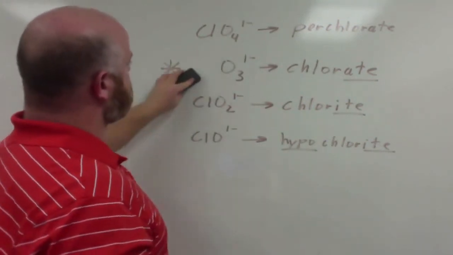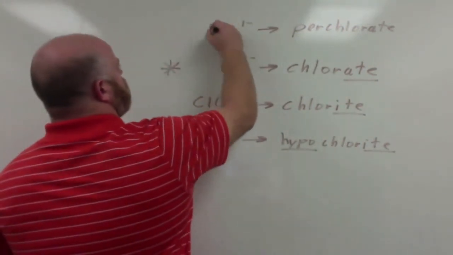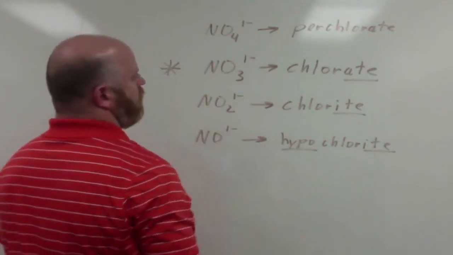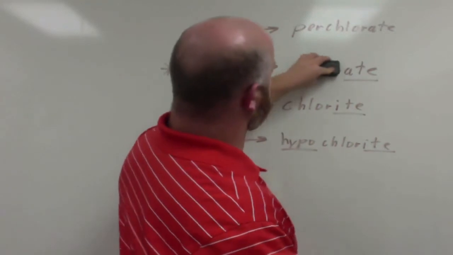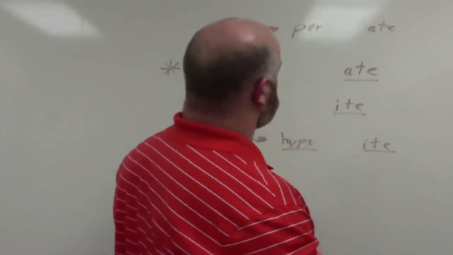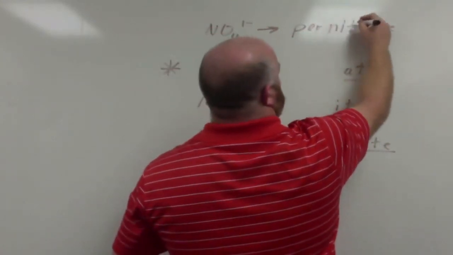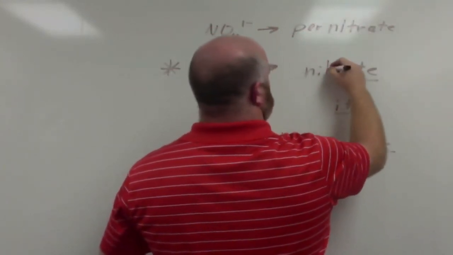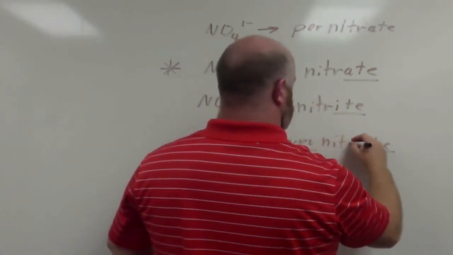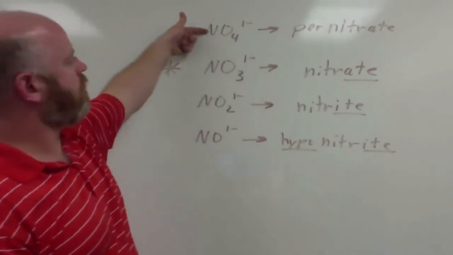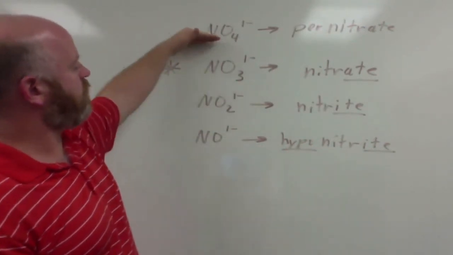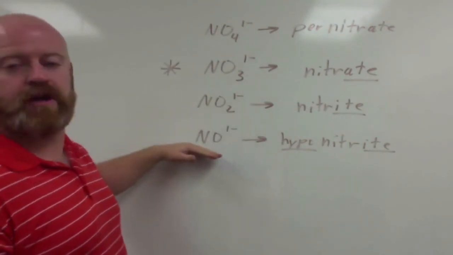We can change this to a nitrogen, and the root of the name just changes. So now, same system, same setup, but your nitrate goes to pernitrate, to nitrite, and hyponitrite.